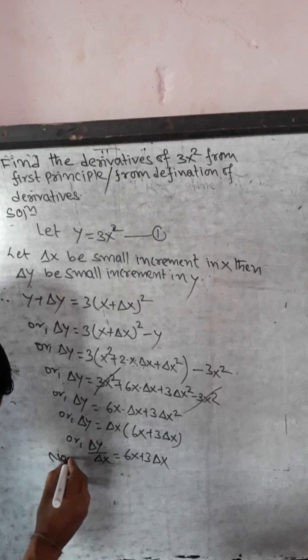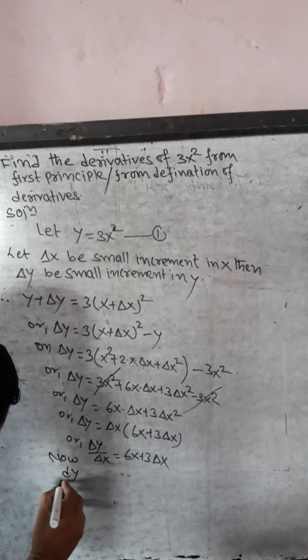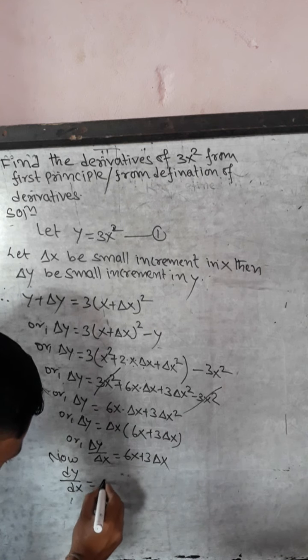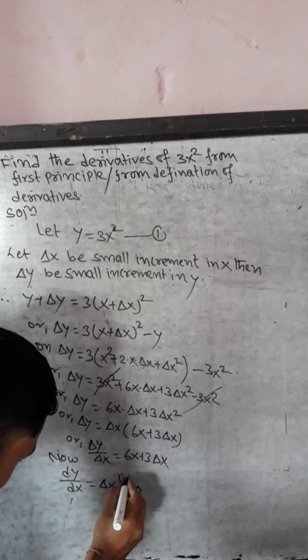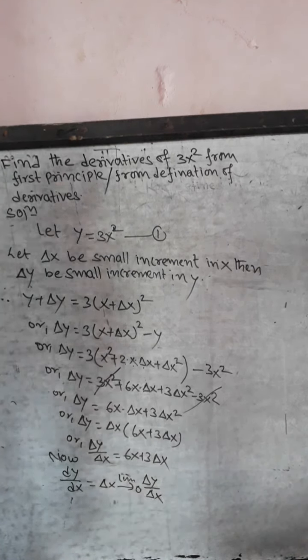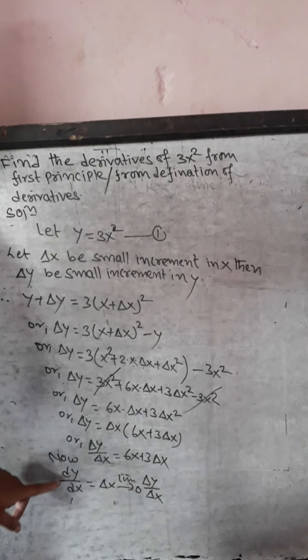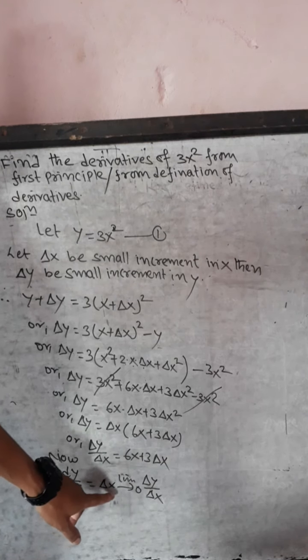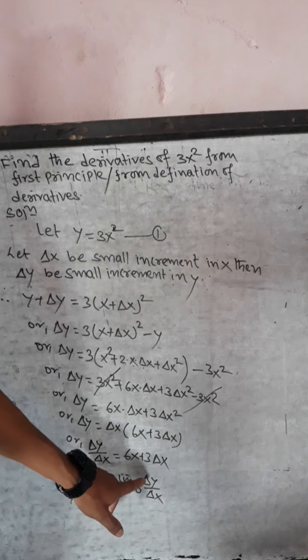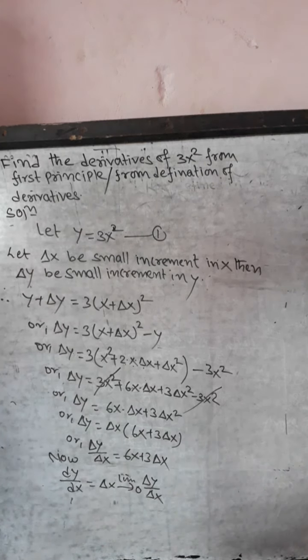Now after finding this one, let's find out dy by dx. We have to find out dy by dx. Dy by dx is equal to limit del x tends to 0 of del y by del x. Dy by dx means this limit.